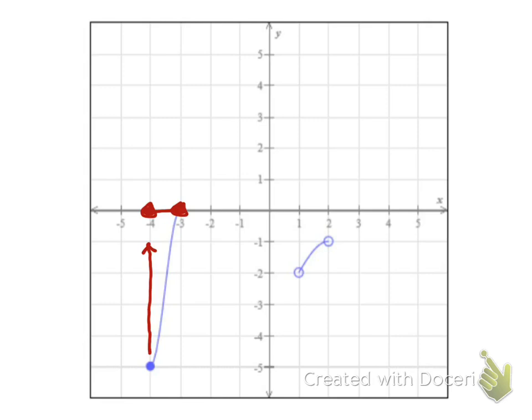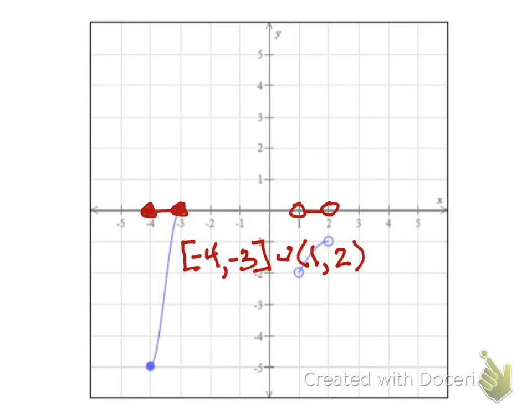And then over here, we have an open circle at 1, an open circle at 2, and the piece in between. So to write the domain, going from left to right, we have a bracket because it's a closed circle, -4 to -3, union 1 to 2.